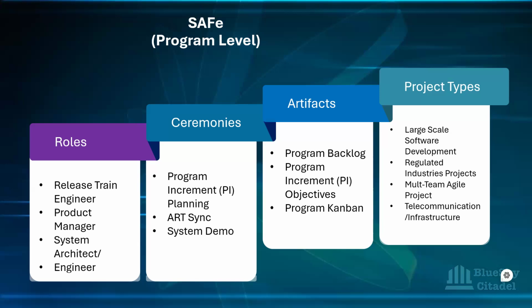Okay, so just like you have a tech lead maybe in a Scrum team, you have the system architect or engineer for SAFe. And then, like I said, you have the team level, because it's about 3, 4, 5 or more teams, depending on the kind of project we're talking about, that come together to work on this.